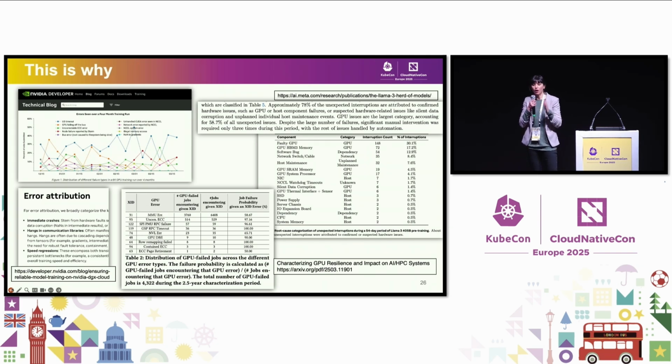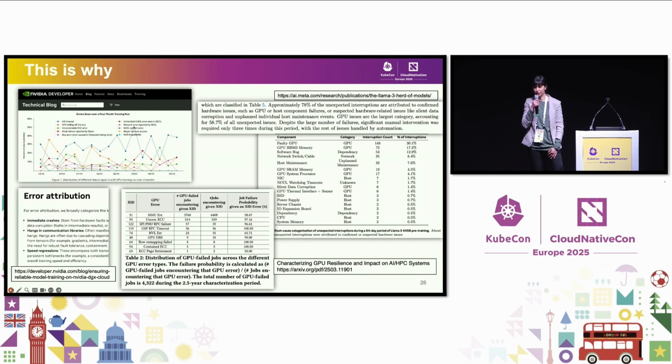jobs. On the right hand, this is a technical blog post from NVIDIA, maybe 2 or 3 weeks old, showing the error rates, both hardware and software, over a 4 or 5 month period where they've been running training jobs on their clusters. And again, a lot of hardware errors.